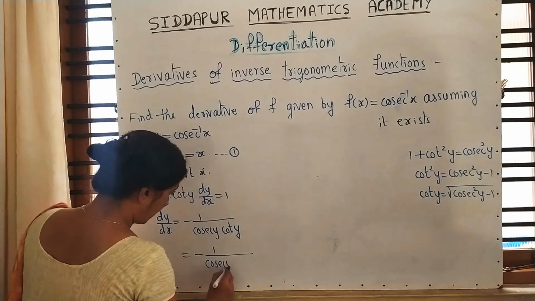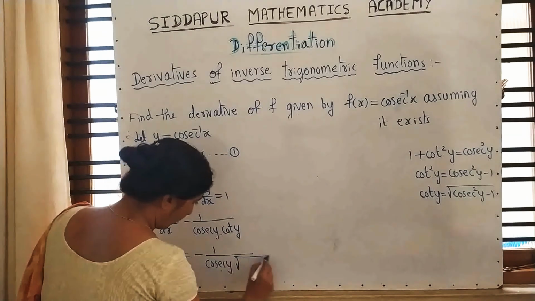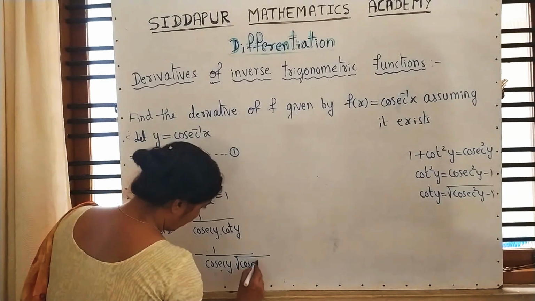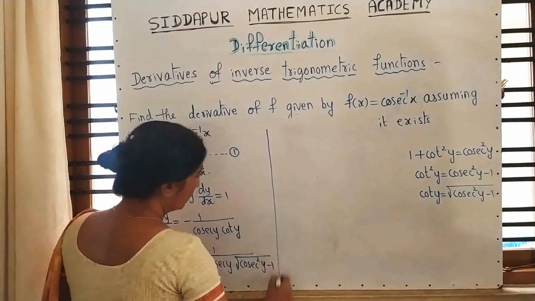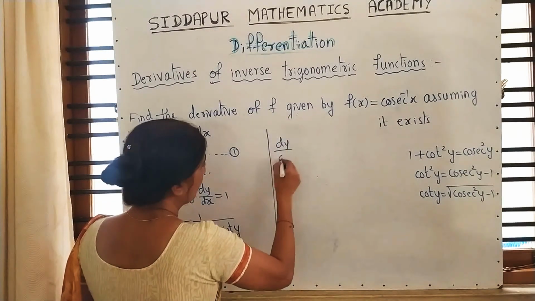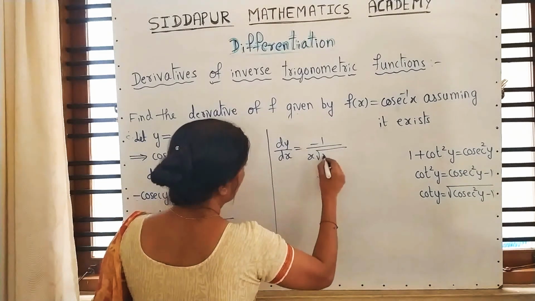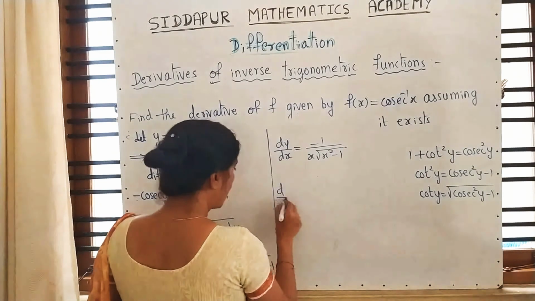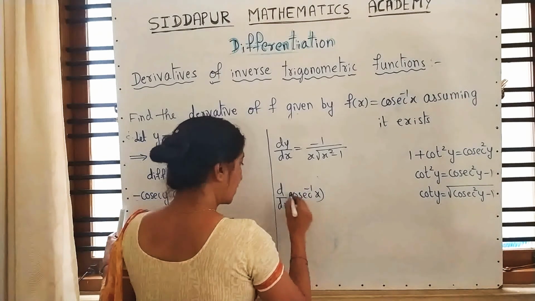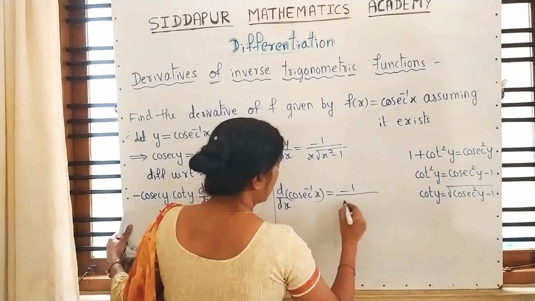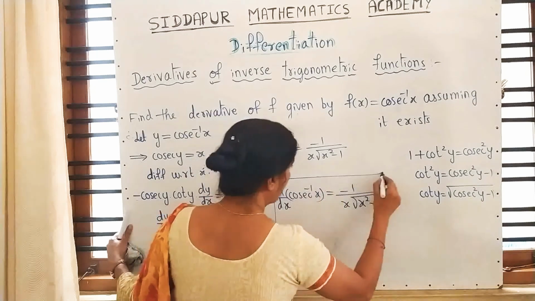Why are we converting cot instead of cosec? Because we are familiar with cosec. That's why we are converting cot in terms of cosec. And write down that value. That means differentiation of cosec inverse x is minus 1 upon x into root of x square minus 1.